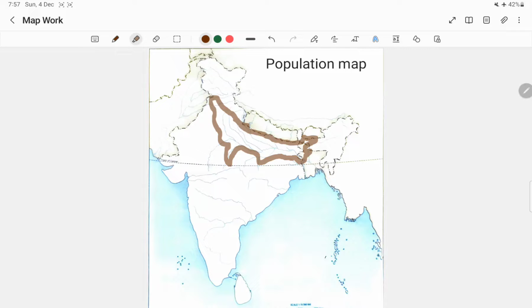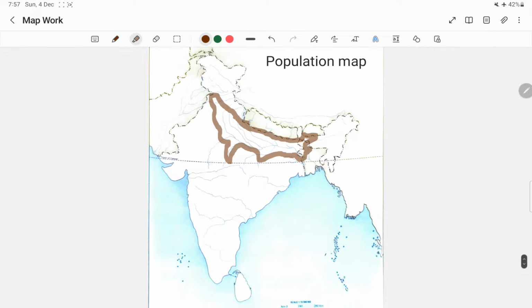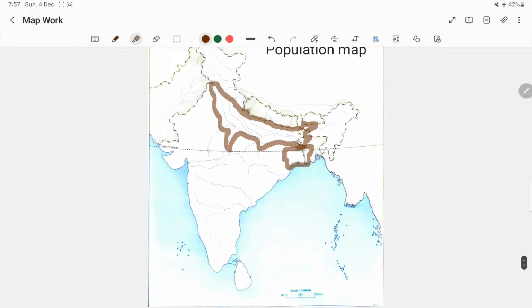So this is the first patch, and you need to include the Kolkata region also in this particular patch. And the second patch will be in the Kerala region. This also comes in the densely populated areas. So these are the main patches of densely populated areas for which I have used the brown color. So let's write it down, that brown is for the densely populated areas.